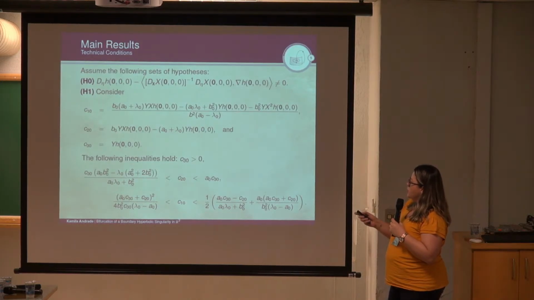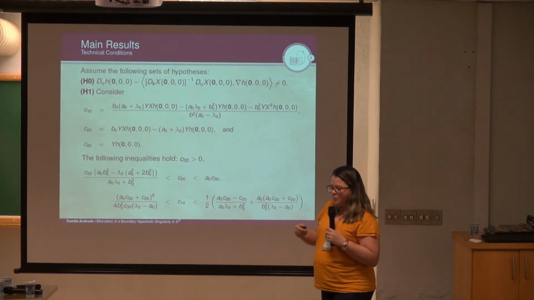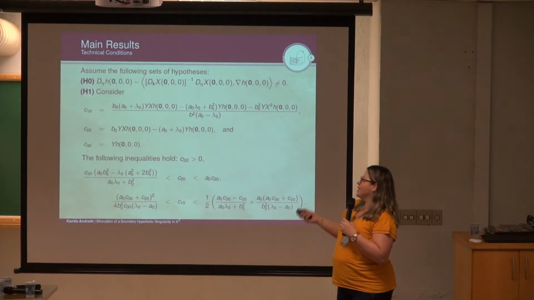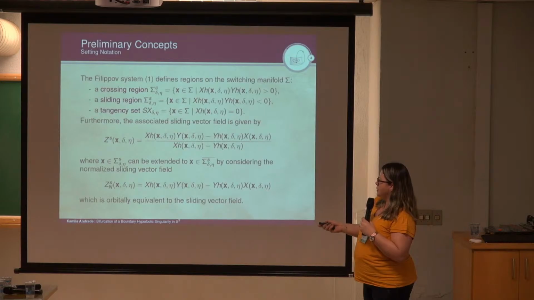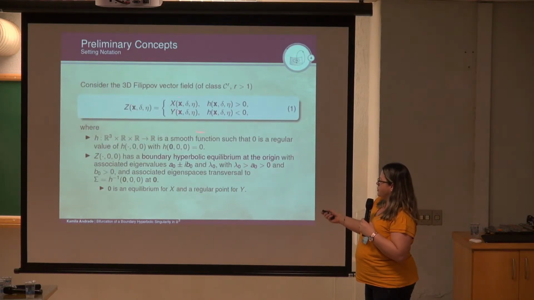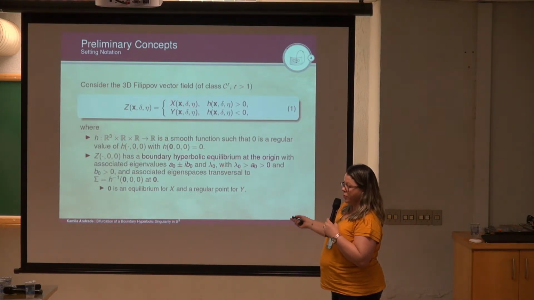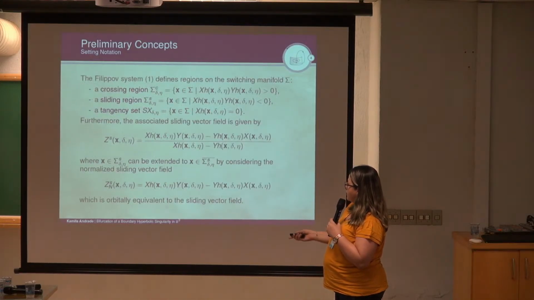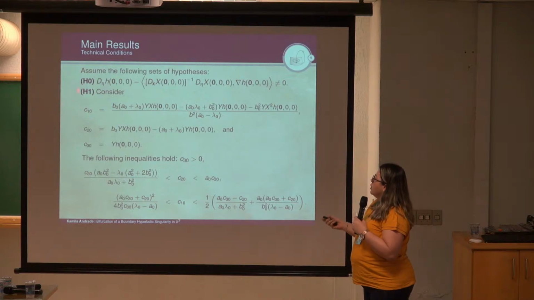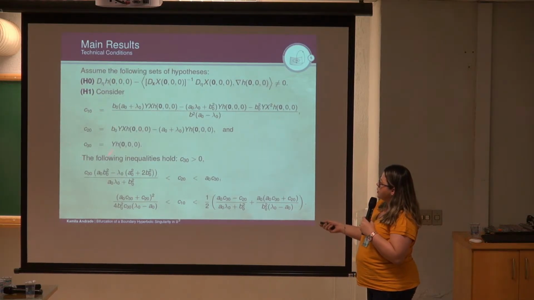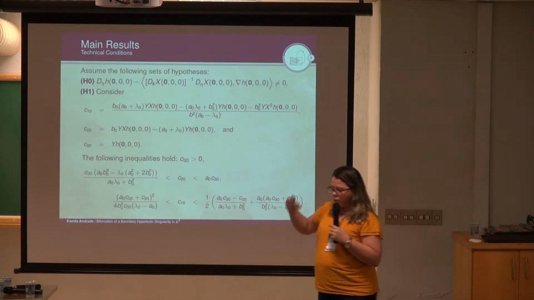Now we are going to assume some pretty technical conditions on the vector field z. Remember that z is a vector field in a generic way. The conditions we have are just on the eigenvalues of the vector field x at the origin. So we define some constants here depending on the eigenvalues of x and on the Lie derivatives of the vector fields x and y.